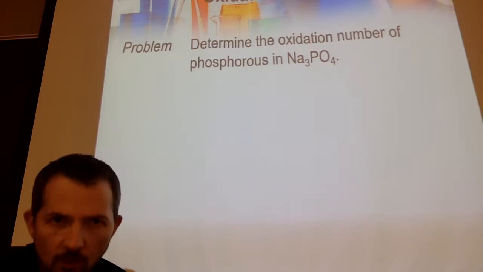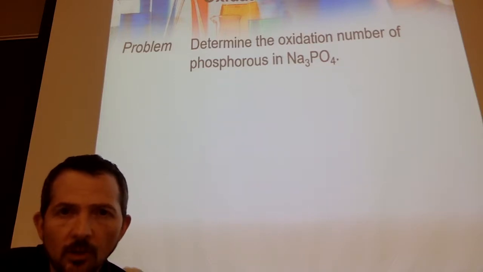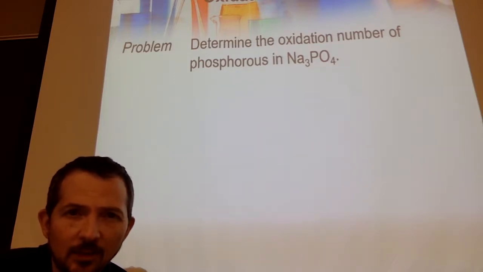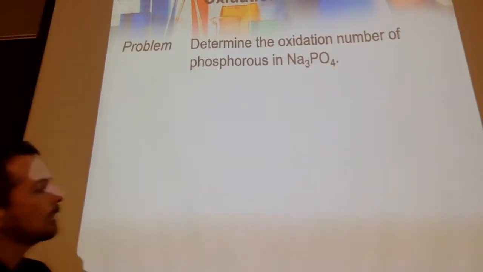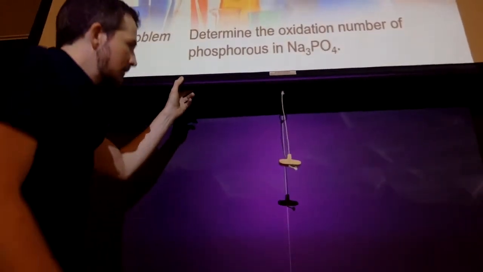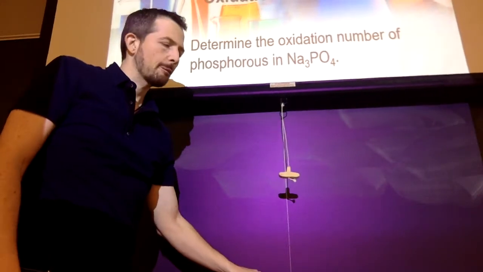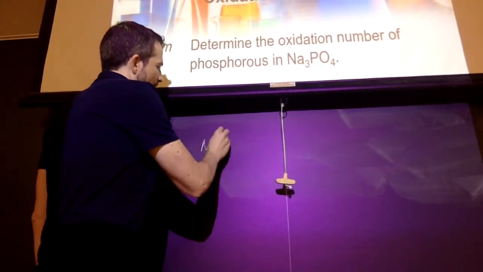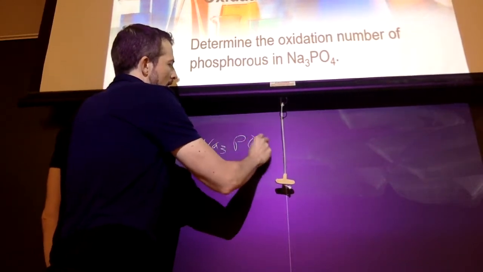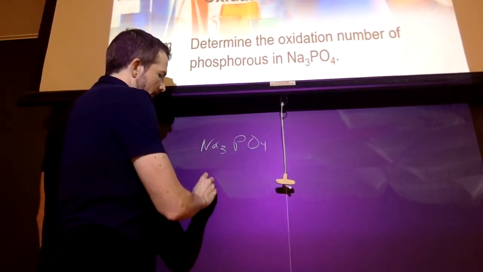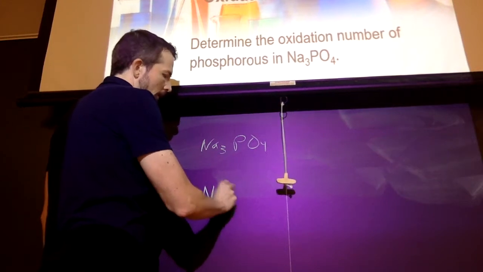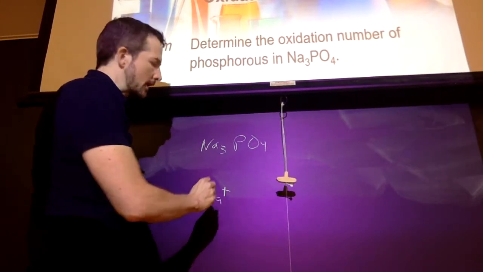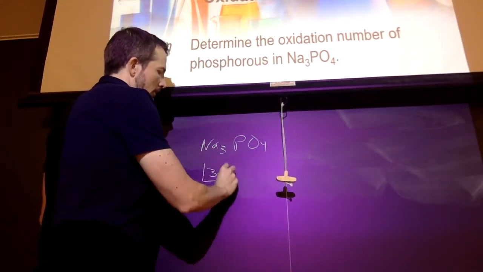Let's go ahead and look at this one right now. Determine the oxidation number of phosphorus in Na3PO4. So, sodium phosphate. Well, I know sodium is a plus charge, and I have 3 of them.